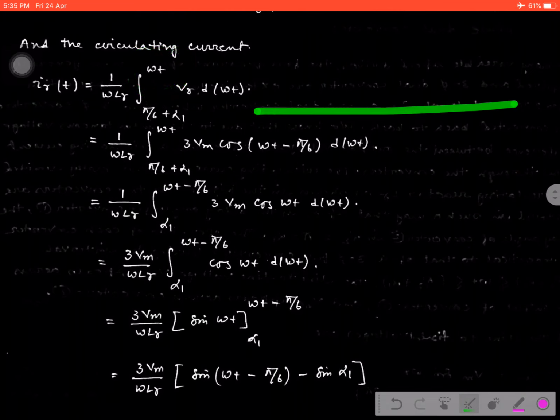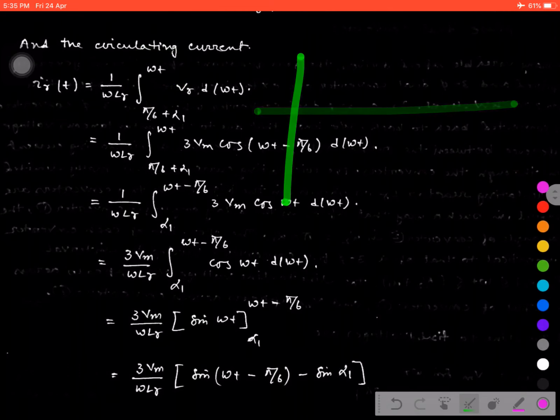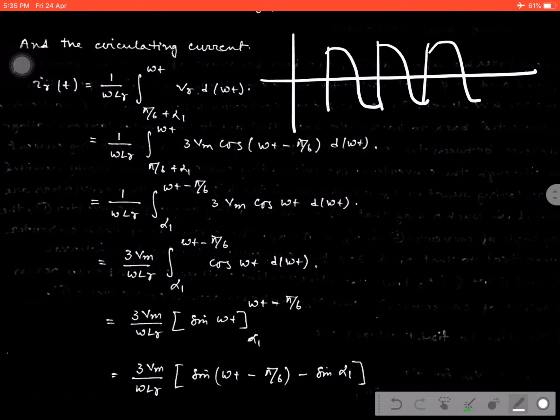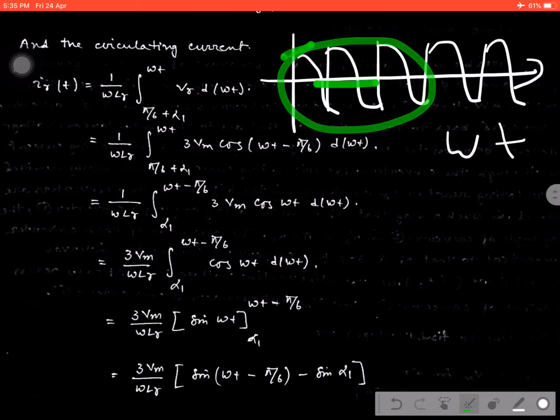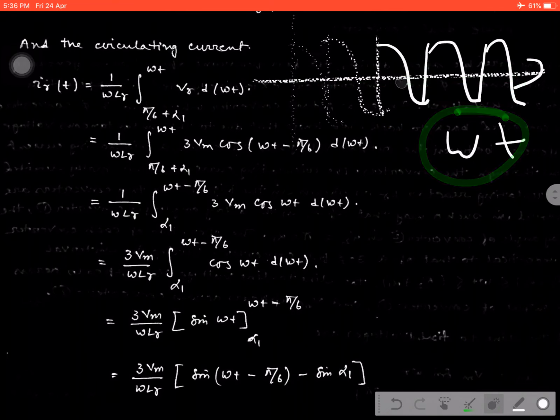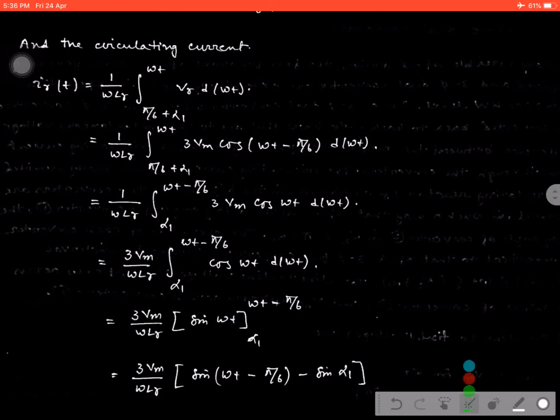We know the circulating current developed in each cycle, and the voltage is responsible for creating the current along the omega t axis. So we cannot define it in a particular confined region; it is defined along the omega t axis, starting from the pi by 6 plus alpha 1 point to omega t. Now the remaining parts are very easy.